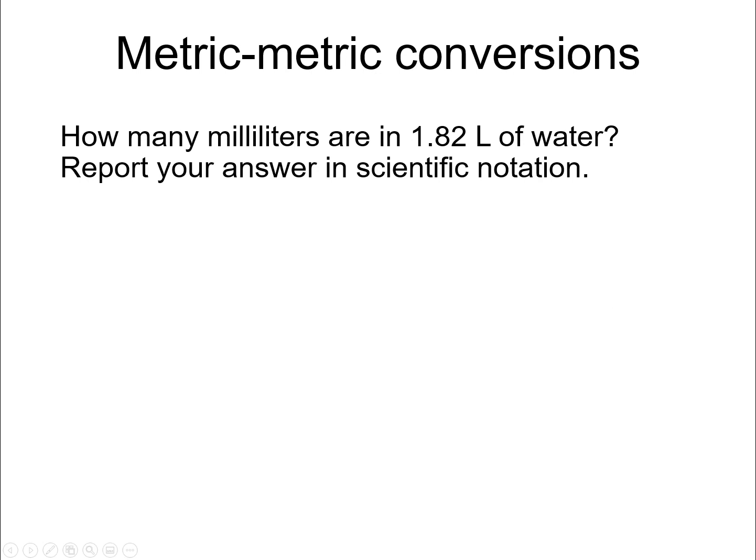So this question is a bit simpler. How many milliliters are in 1.82 liters of water? So again, we're using milli. And again, we have to report our answer in scientific notation.